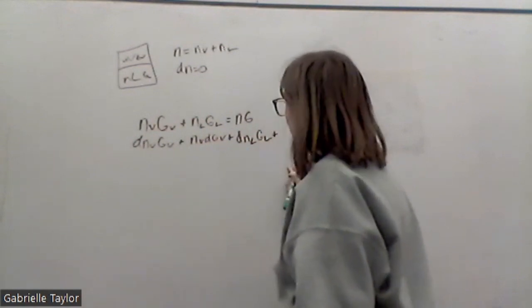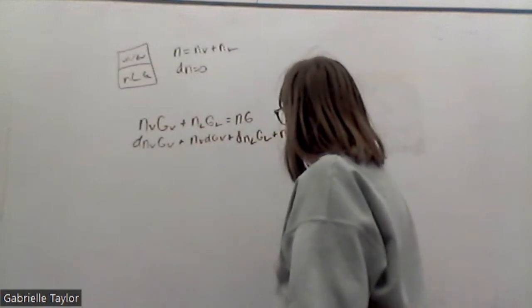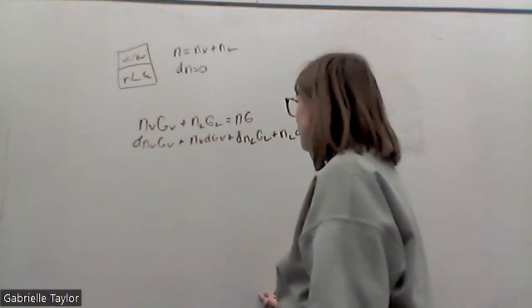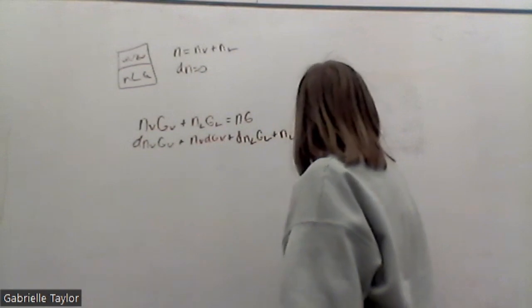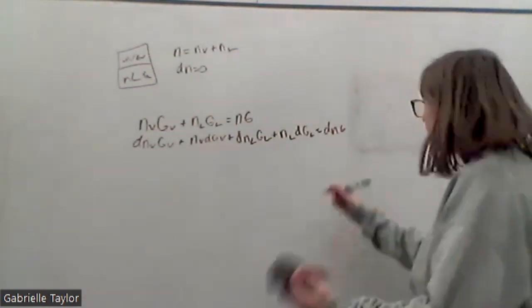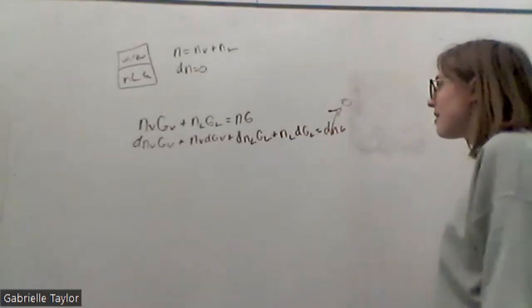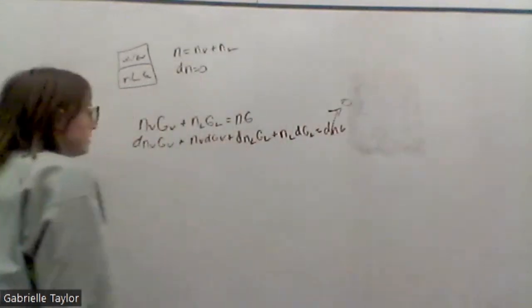And then we're going to have another product rule, so it's going to be the moles in the liquid times our differential change of Gibbs in the liquid. And then the differential change of this total amount of moles we just said is going to equal 0. So that's 0.